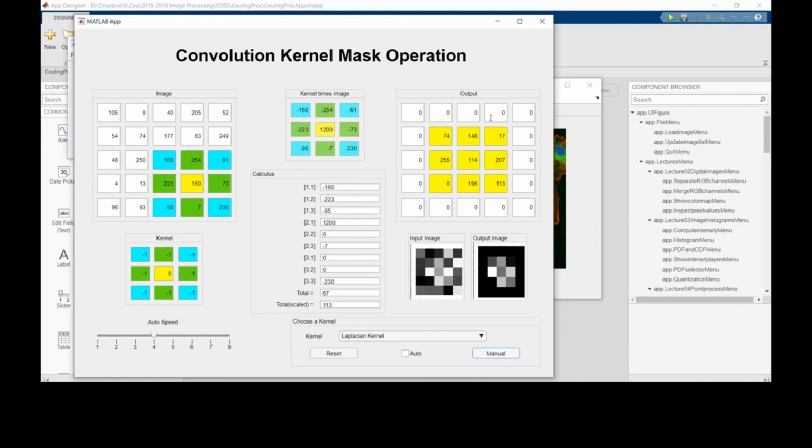Okay, then what happens with these borders? When you try to calculate a pixel in the border, the value is ill-defined, because you move the kernel. Let's move it 1 position more to the right, and then these 3 samples, these are blue, green, and blue, they are out of the image.